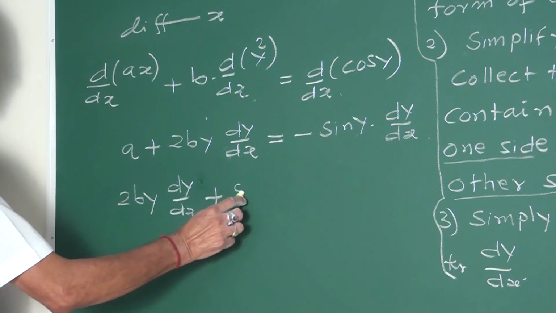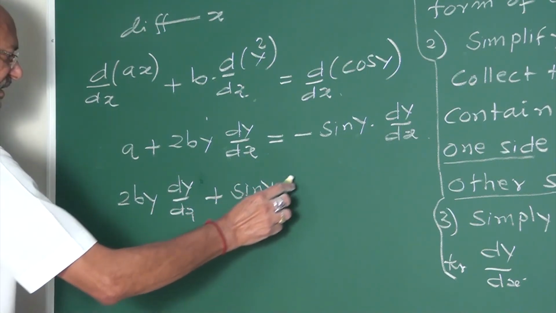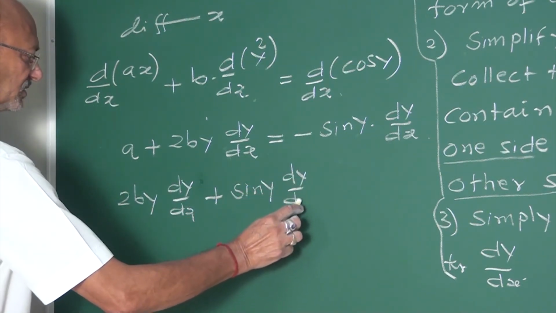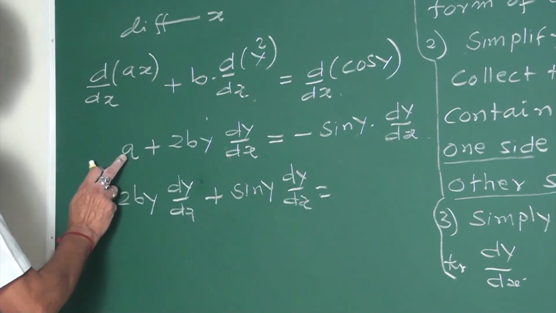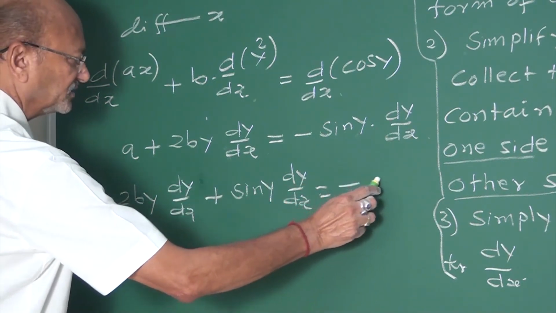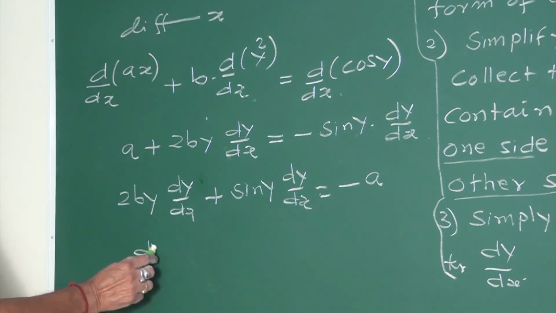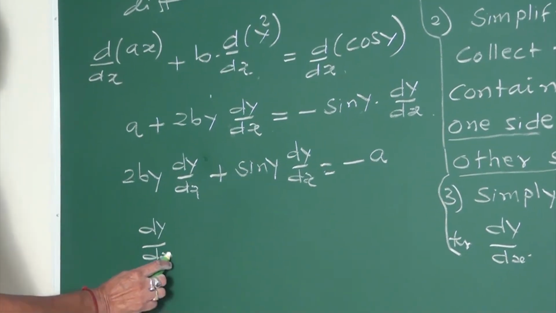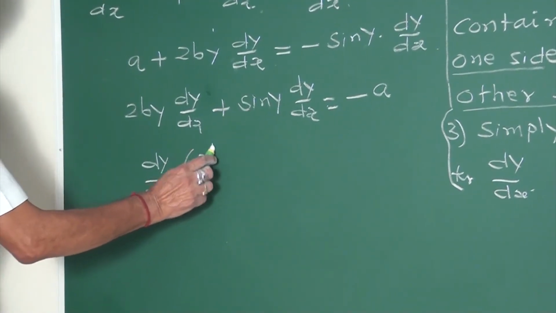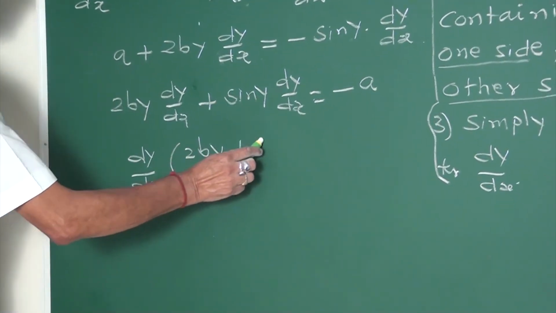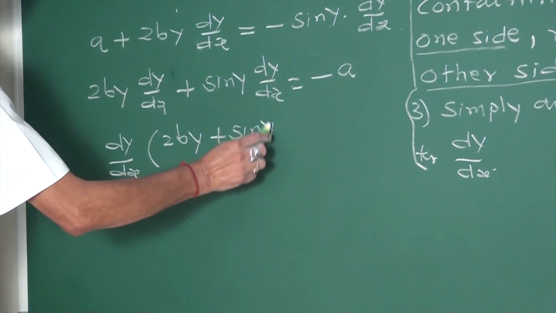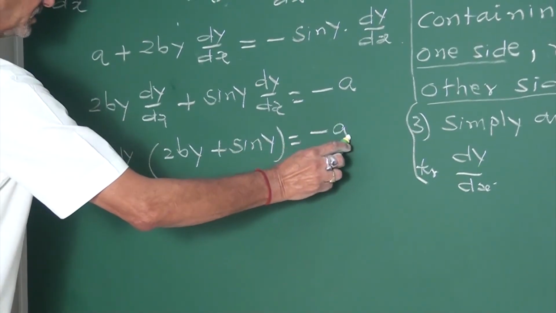This minus becomes plus, sin y into dy by dx equals this, plus a becomes minus a. It is the only term other than dy by dx. Dy by dx is common. Yes, my friend, it is 2by plus sin y equals minus a.